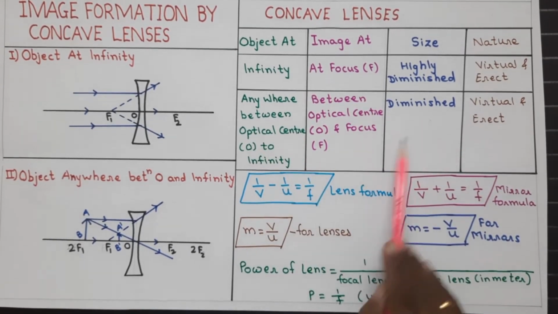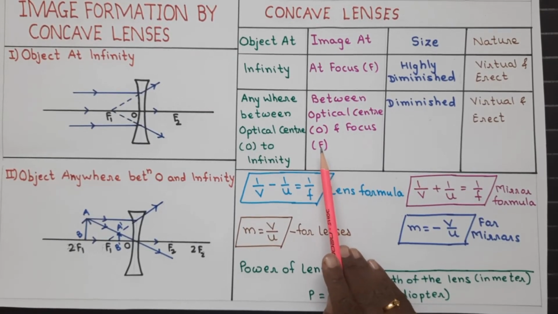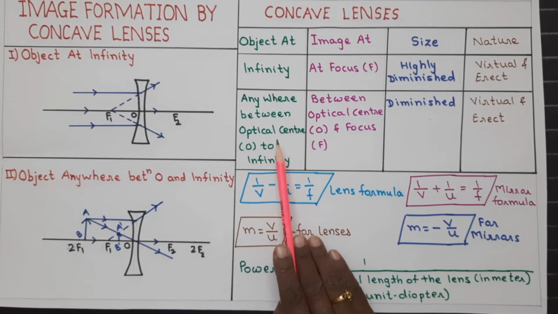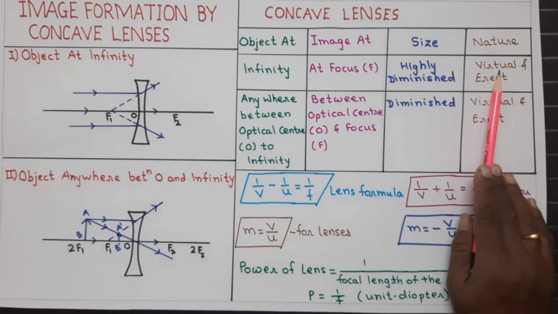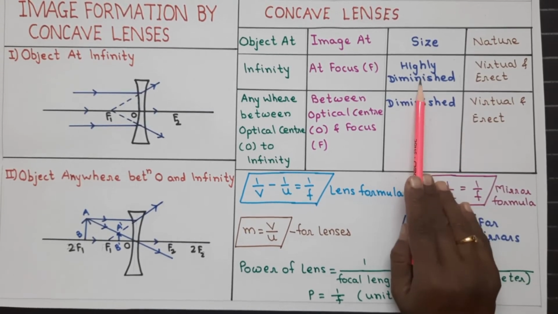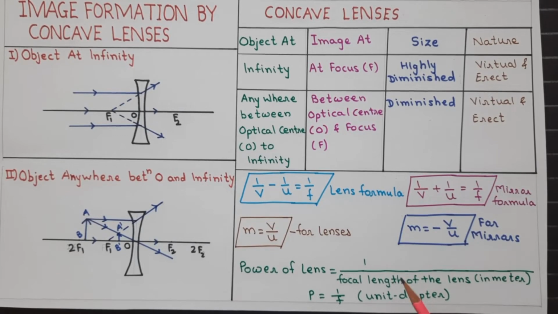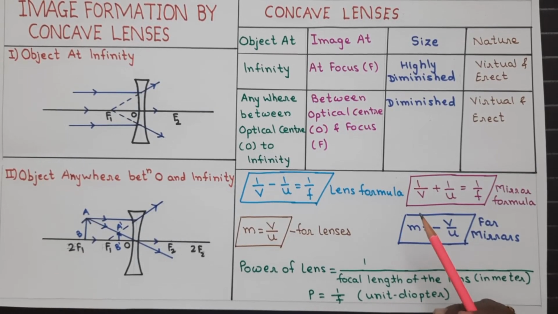See this table carefully. You keep the object anywhere in front of a concave lens, the concave lens always forms a virtual, erect and diminished image.